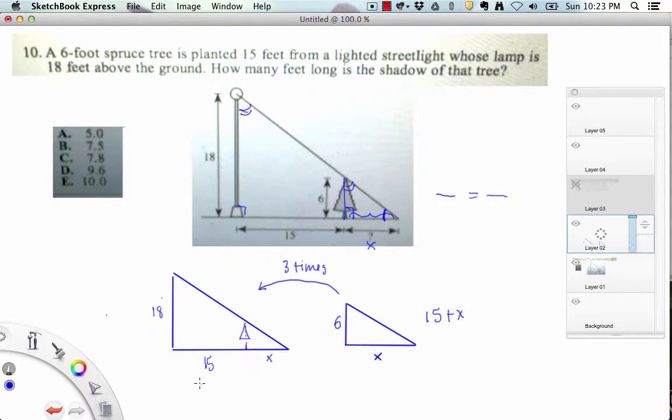So we could write down an equation right away. 15 plus x, the length in the big triangle, is 3 times that length in the small triangle. Okay, so then it becomes a pretty easy algebraic equation to solve.